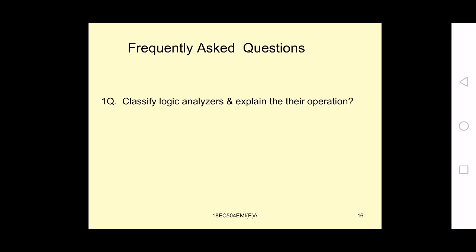When it is asked what the similarities or differences are between the oscilloscope and logic analyzers, you can answer accordingly. You can also have the question: state the types of logic analyzers. You can write either for 1 mark logic state analyzer or logic timing analyzer.